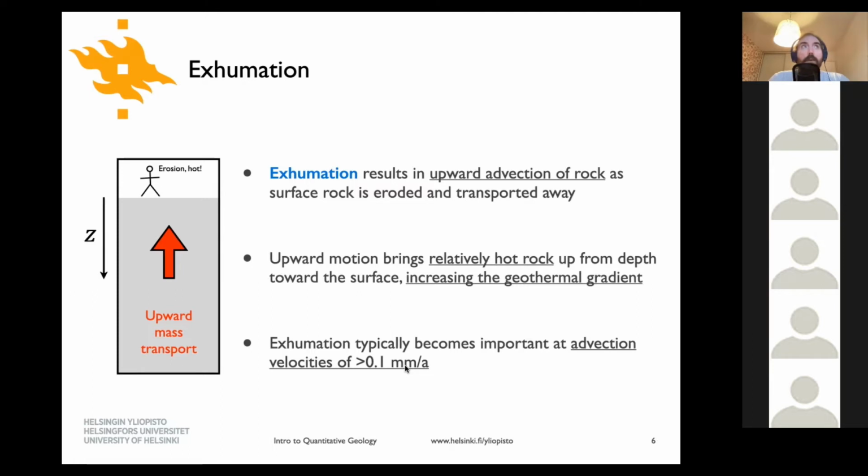In a place like we have here in a stable shield setting, the advection velocities are probably several orders of magnitude lower than 0.1 kilometers per million years, which means advection is not really a process we need to worry about here as a heat transfer process when we look at the lithosphere in Finland as an example.